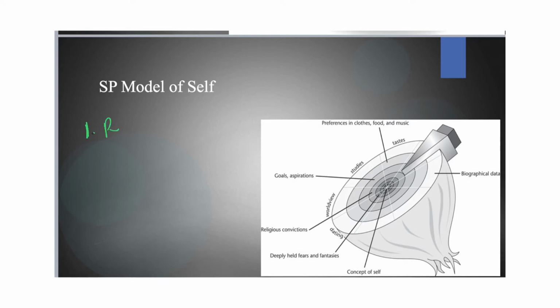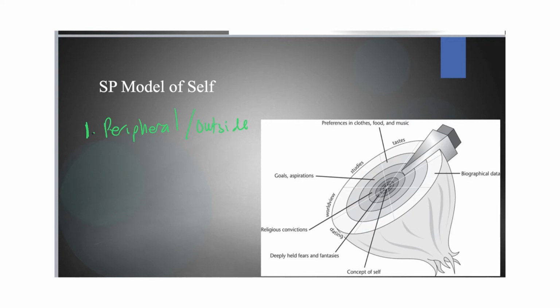So the first dimension is the peripheral layer, or the outside layer, either one, is basically biographical characteristics that are generally perceivable or disclosable. So your sex, your age, your personal history.